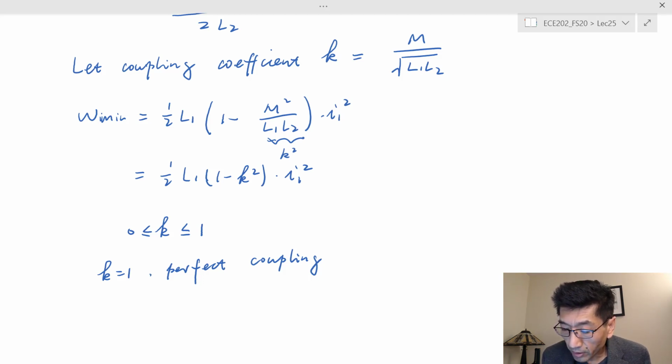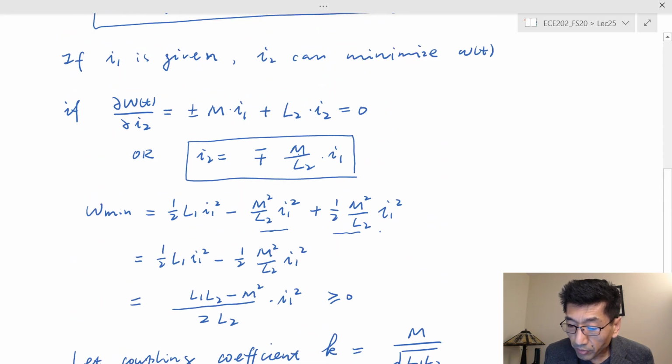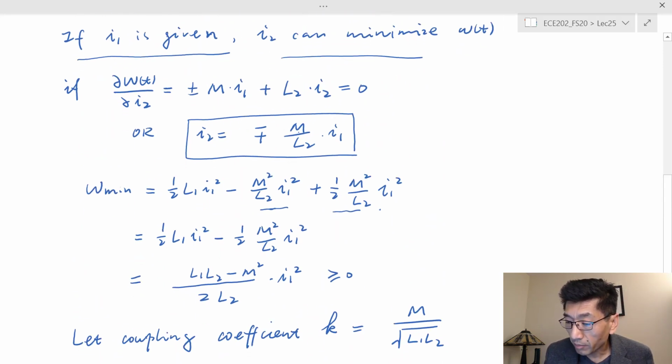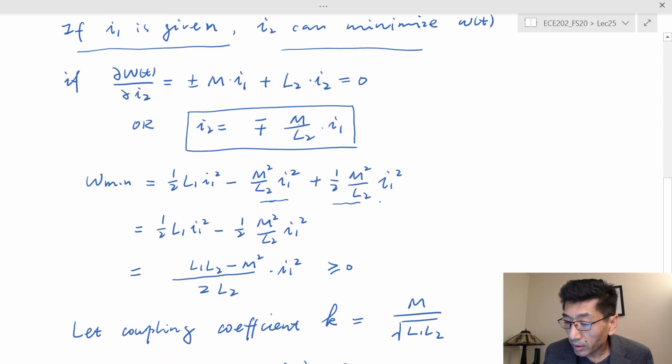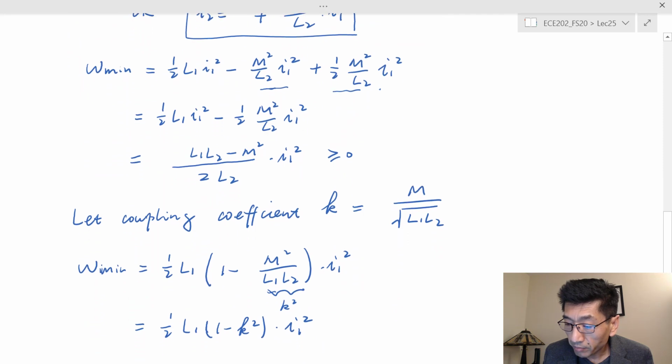And k equal to 0 means there is no coupling at all. So that's the case where I1 is given and I2 can minimize this.